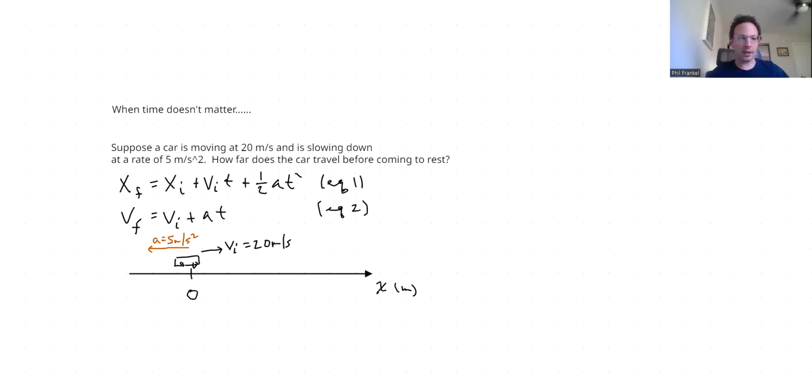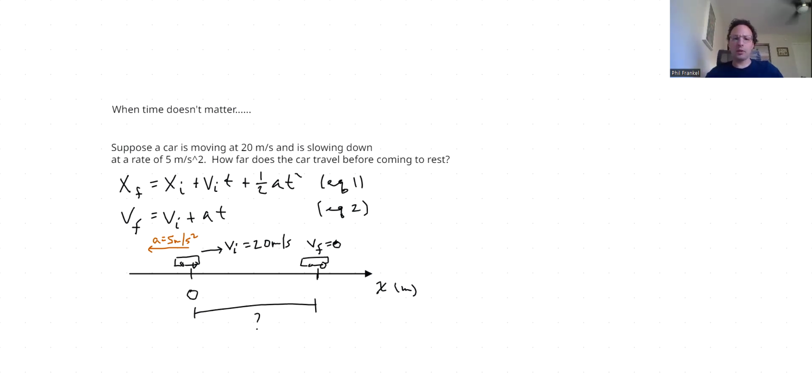The car will come to rest somewhere here. Eventually, the car will have a final velocity of 0, and we don't know how far the car has moved. We don't know the displacement between the first moment and the moment it screeches to rest, but that's what we want to find.